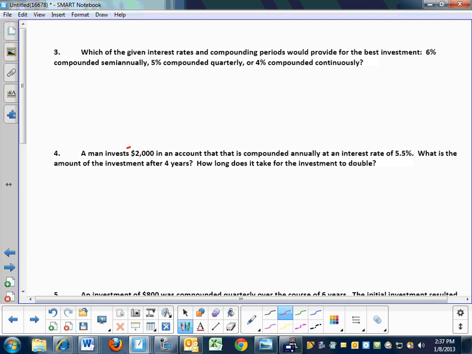Or 4% compounded continuously. If somebody told you today that they were going to give you $500 and you could invest it one of the three ways, which one do you think you would take?